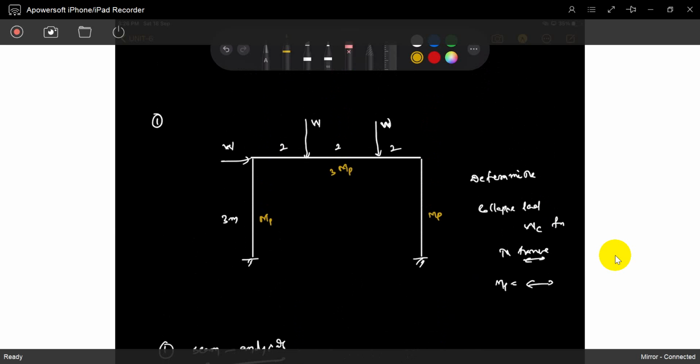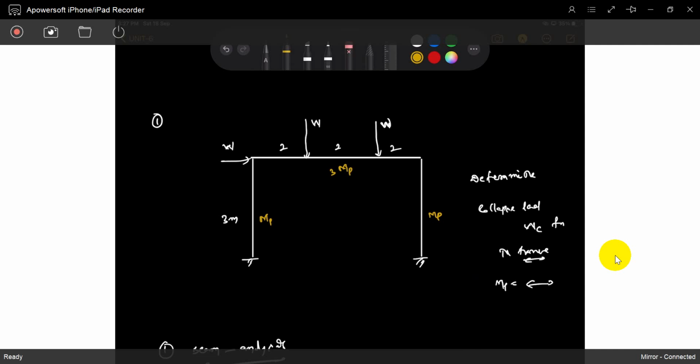Sir, both are concentrated loads, so under which force should the plastic hinge form? If you see, the two forces are equally spaced, exactly symmetrical. So in that case, a plastic hinge forms under any one of the loads.